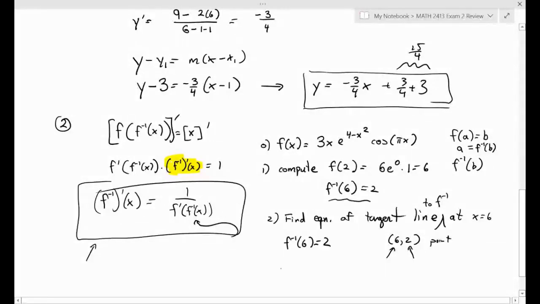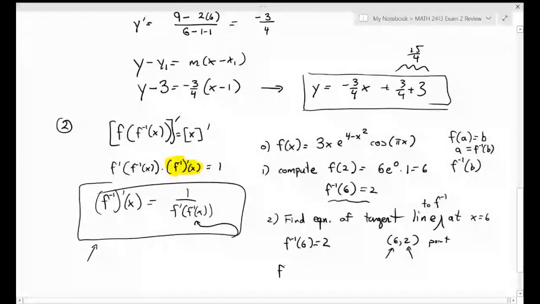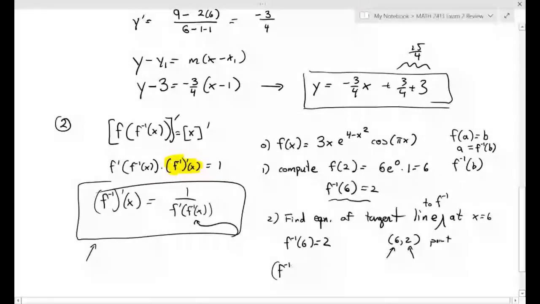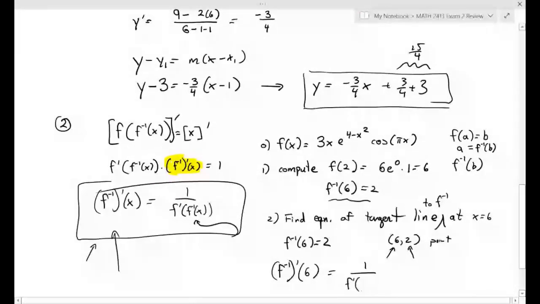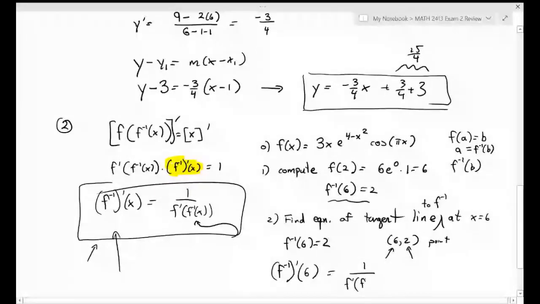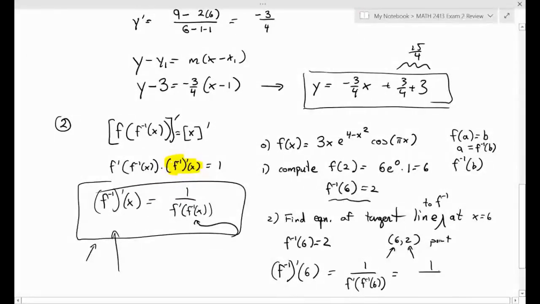Then we need a slope, and for that we need the derivative of the inverse function at 6. We use our formula: it's 1 over the derivative of our original function evaluated at f inverse at 6. But f inverse at 6 is exactly 2, so we need to compute f prime and evaluate at 2.